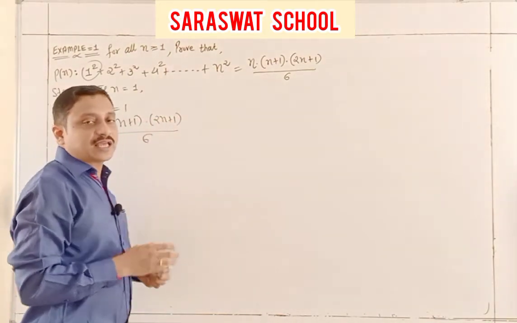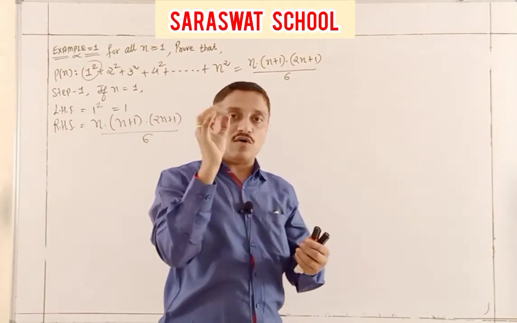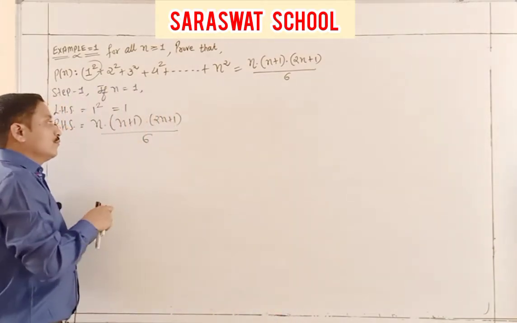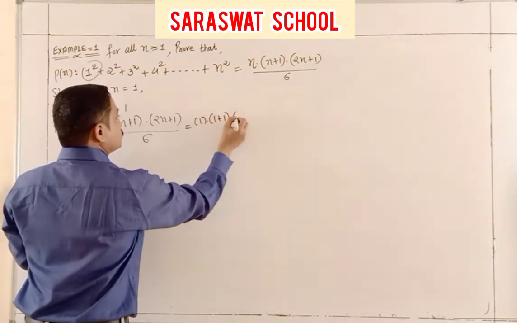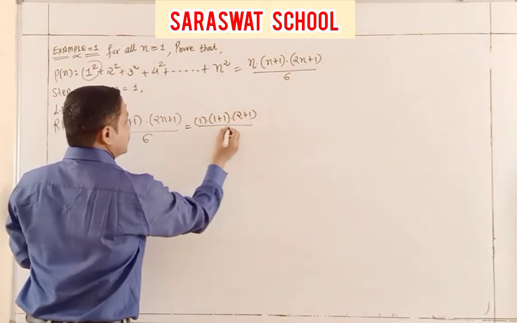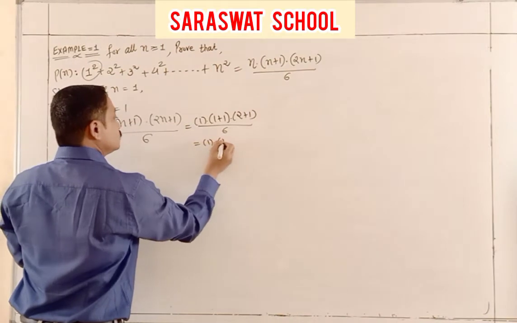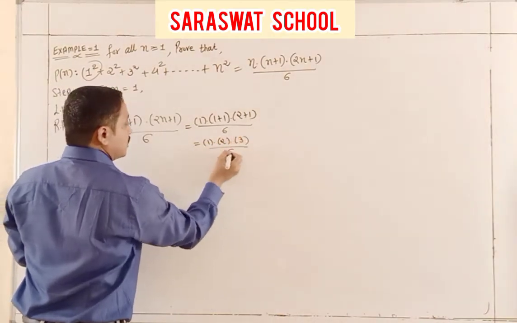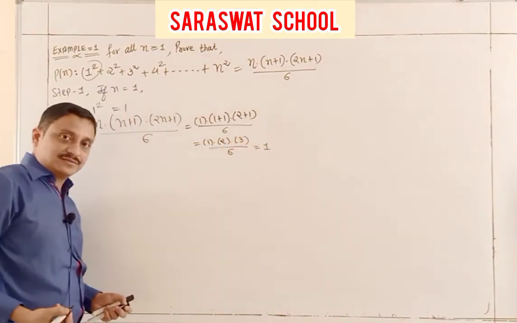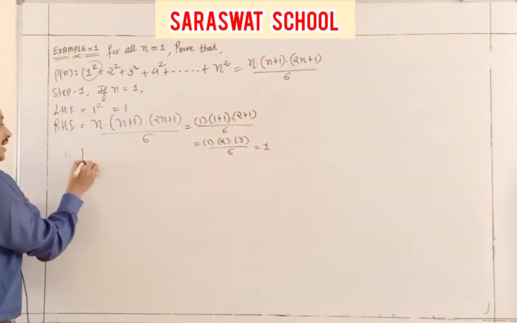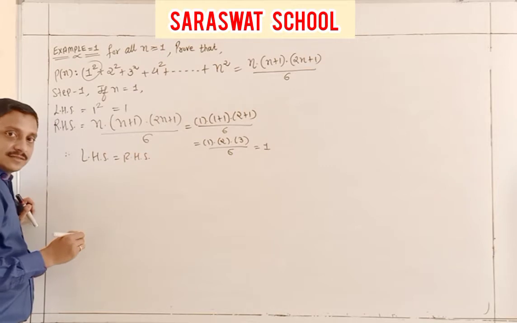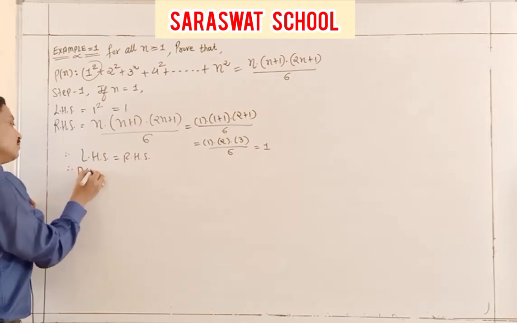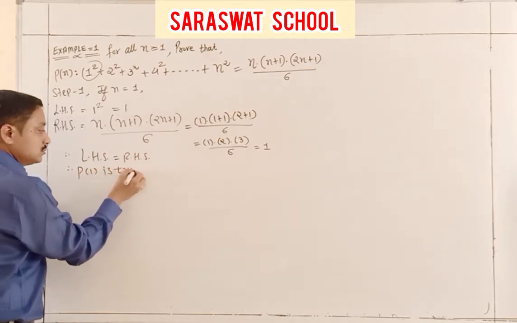Here students, n is taking the value 1, so 1 into 1 plus 1 into 2 plus 1, it is like 1, 2, 3, by 6, which is 1. So LHS is equal to RHS. It means P1 is true.